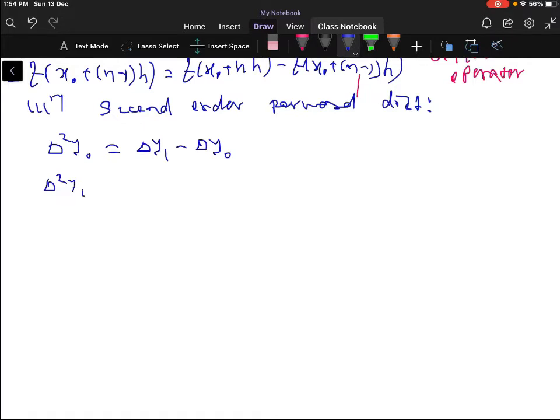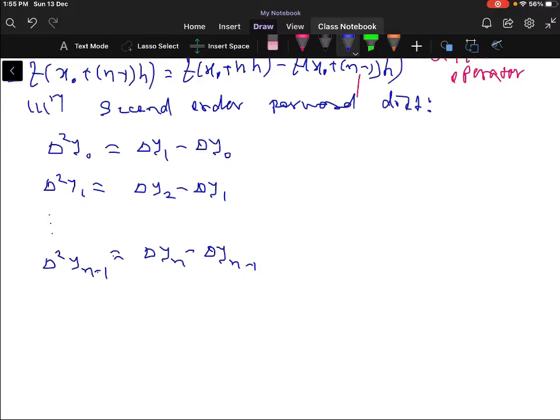Delta square y1 can be defined as delta y2 minus delta y1 and so on. Delta square yn minus 1 can be defined as delta yn minus delta yn minus 1.